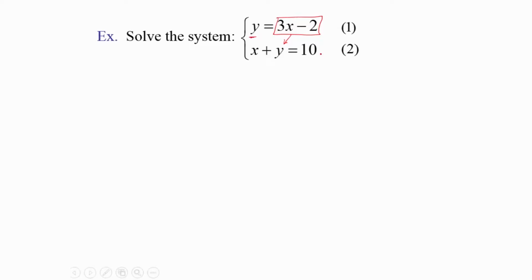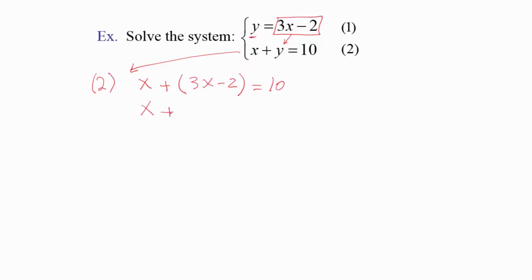So when you do that, the second equation will become x plus, in place of y, now we put 3x minus 2, that would be equal to 10. So this is how our second equation would look like.